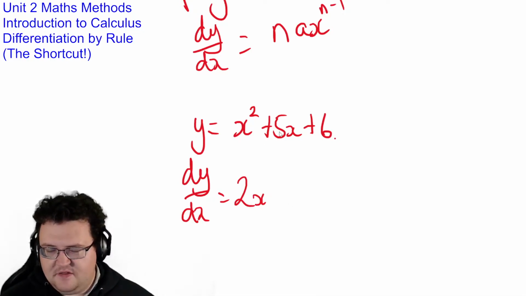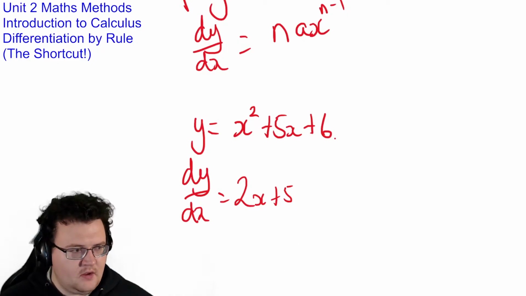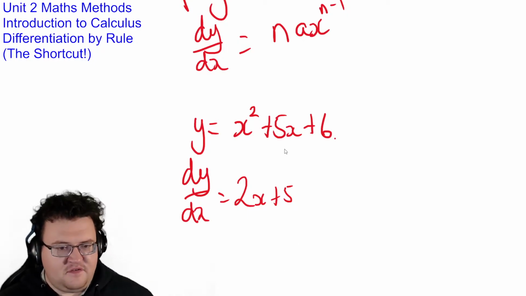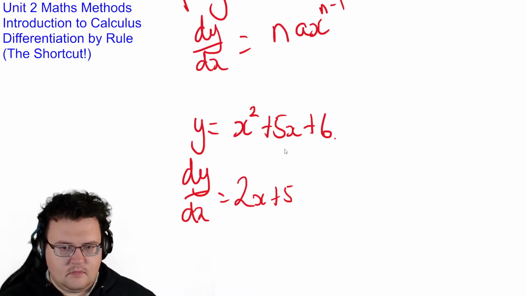Take the power, drop it down the front, so it's 5 times 1. Subtract 1 from the power, x to the 0, it's just 1. And then the 6 goes away. So the derivative is able to be quickly generated by doing this.